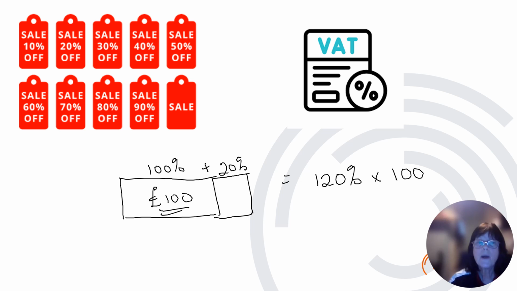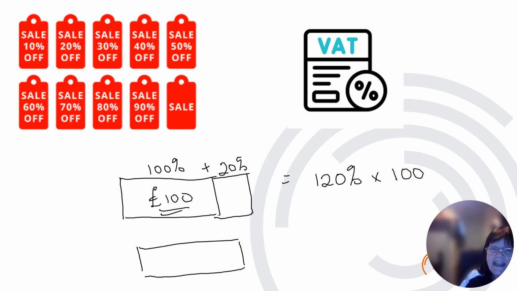The other thing is when we are decreasing by a percentage. So again, let's say something costs £100. It's in a sale, it costs £100, and then they're saying 30% off. In other words, we are not paying for 30%. What we are paying for is 70%.